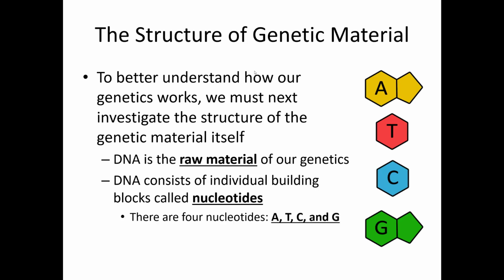The four nucleotides can be expressed as letters, and these are often simply referred to as A, T, C, and G. These are actually chemicals, which we'll describe next. But in other words, DNA can be understood fundamentally by recognizing that it's made up of four constituent molecules.